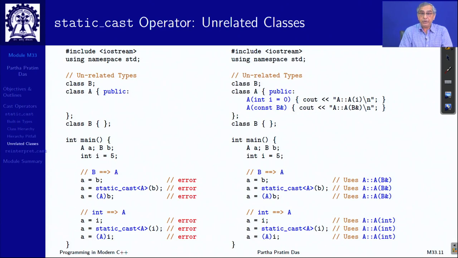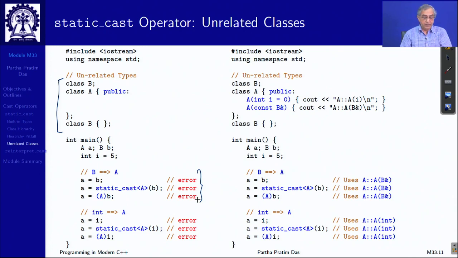Now, I will introduce you to what you can define as your own casting operator. For example, you have two unrelated classes A and B, they are not on the hierarchy. As we have seen, any kind of conversion from A to B is an error, whether you do it implicitly, by C style casting, or by static casting.